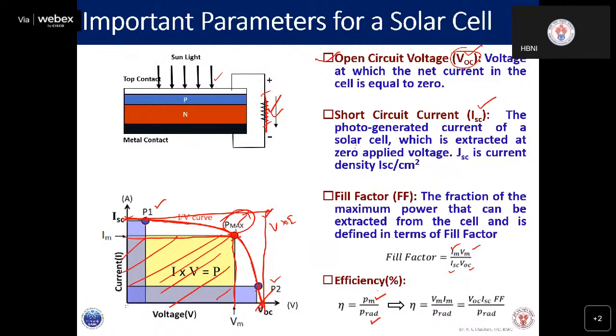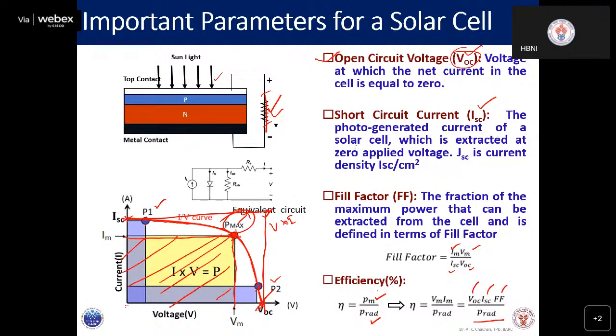The power irradiated we can get from whatever irradiation we have, suppose AM 1.5 G. In that case the power will be 100 milliwatt per centimeter square or 1000 watt per meter square. And the maximum power which can be drawn from the solar cell is VOC times ISC multiplied by fill factor, and then divided by the irradiated power, you get the efficiency of a solar cell.